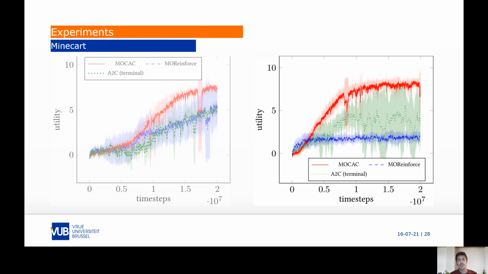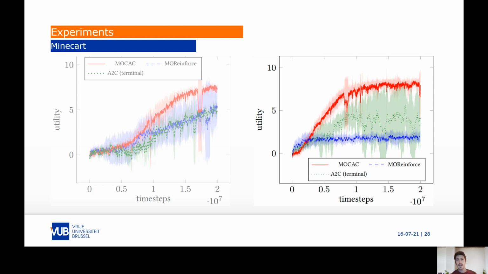Again, our algorithm is reaching the highest utility, while in this case the other ones are not. So the single objective one learns but is unstable, and MO-REINFORCE is not able to learn correctly.